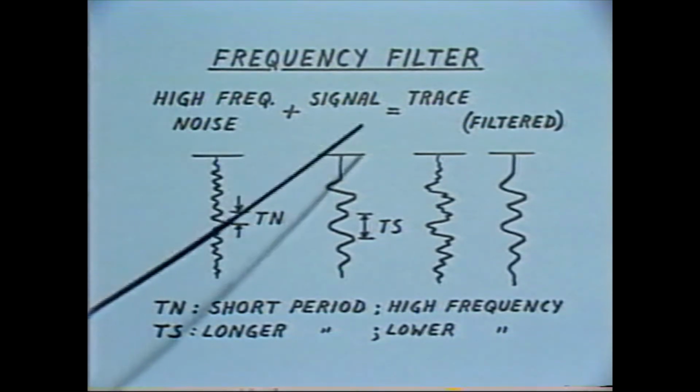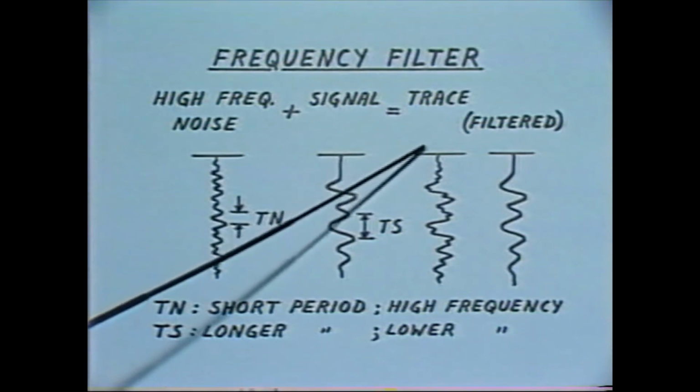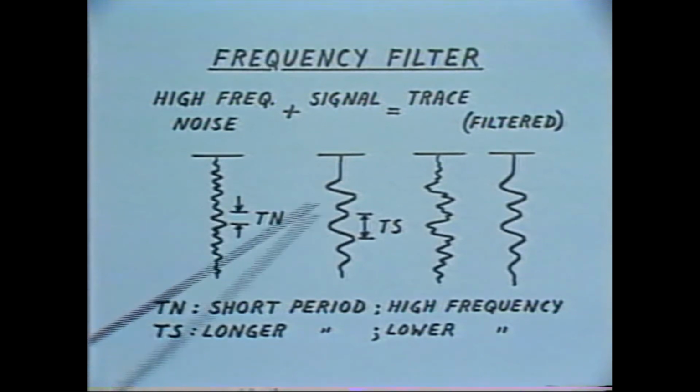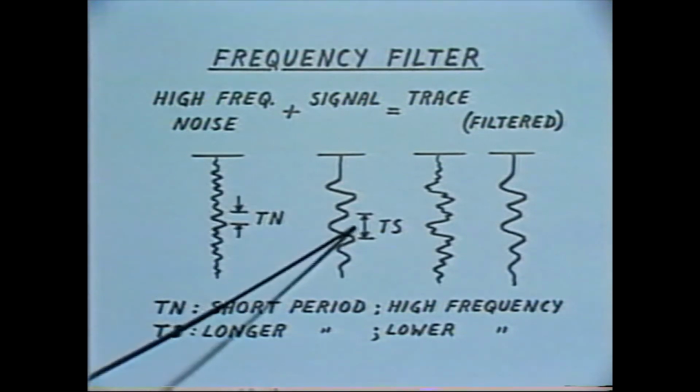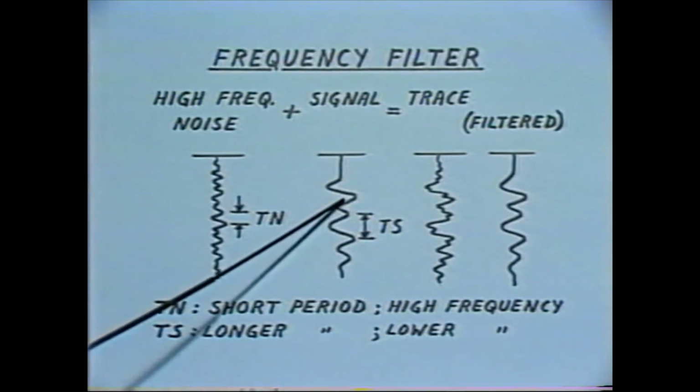So the process trace before filtering would maybe look something like this. It's a combination, or really just a summation of these two types of thing, the high frequency noise and the various reflection signals.